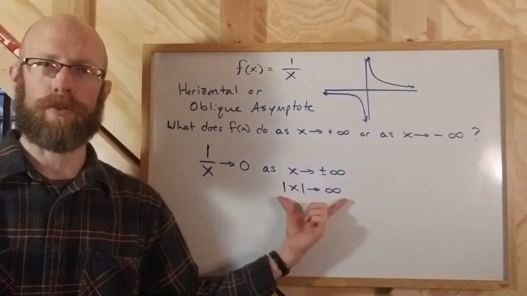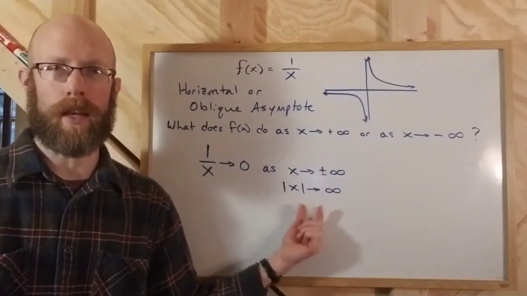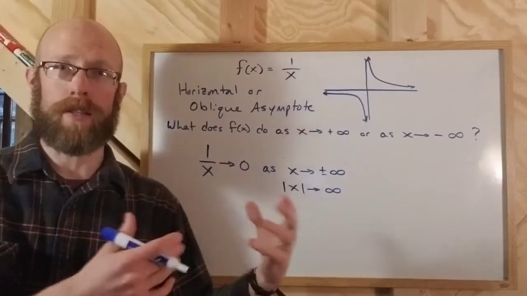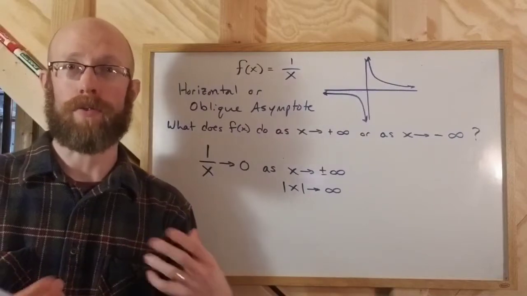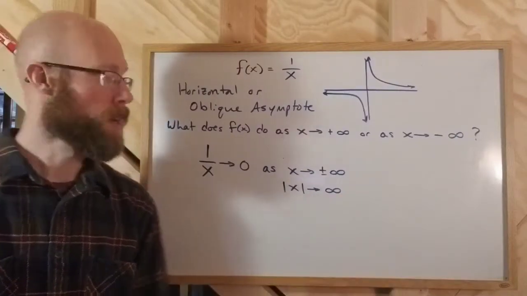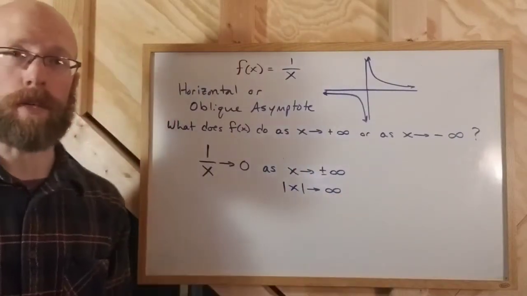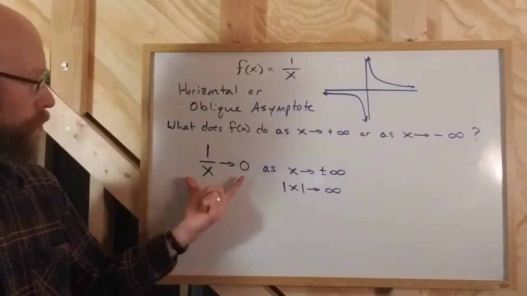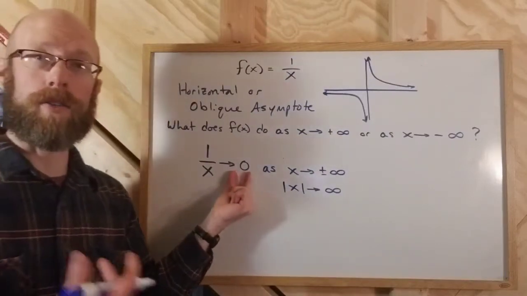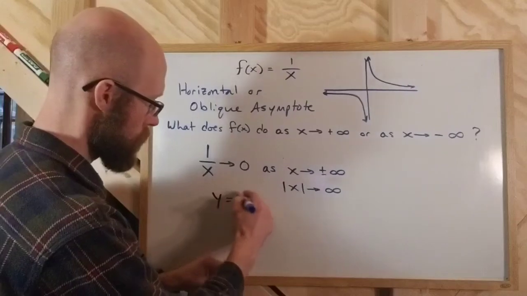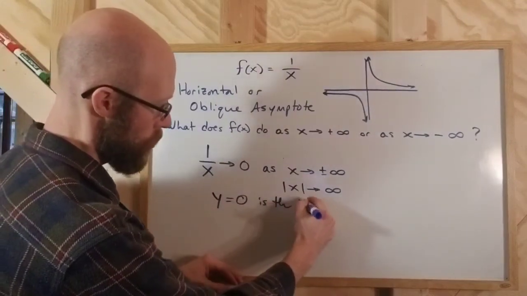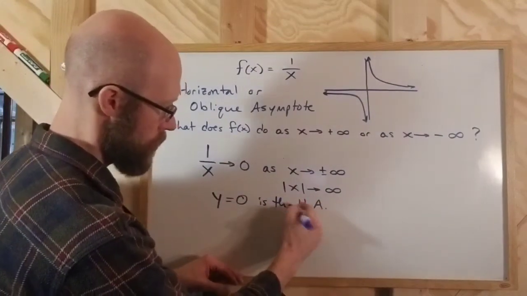The little bit simpler notation means the same thing. The x on the inside could be positive or negative infinity, then its absolute value would always be the positive, so these two notations mean the same thing. So 1 over x gets close to 0, then y equals 0 is the horizontal asymptote.